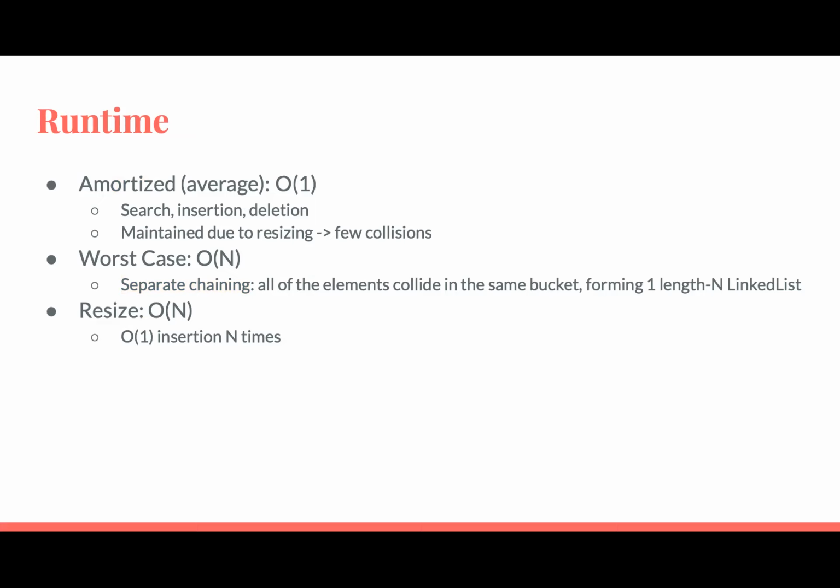If we use separate chaining, in this case, we have a bad hash function and all of the elements fall into the same bucket, creating one length n linked list inside that bucket. The resizing method in a hash table runs in O(n) time. Because the insertion method runs in O(1), we call that insertion method n times to reinsert all n elements inside the hash table in order to resize it and make a bigger hash table.